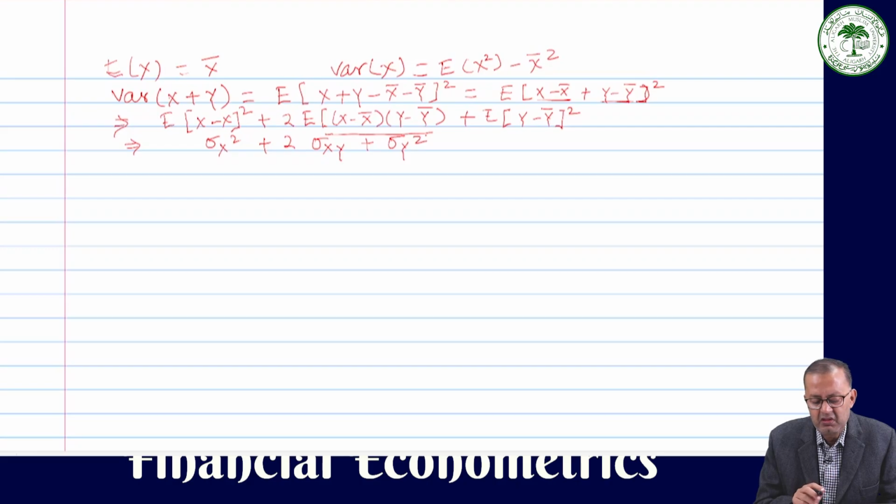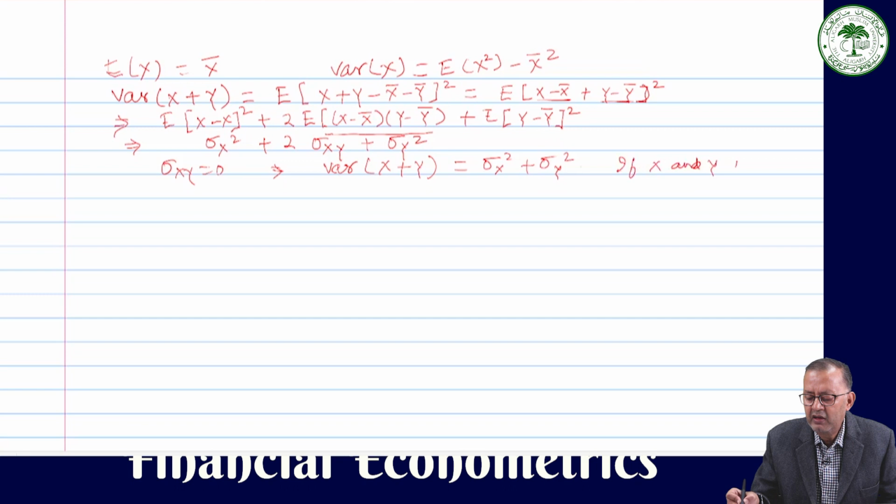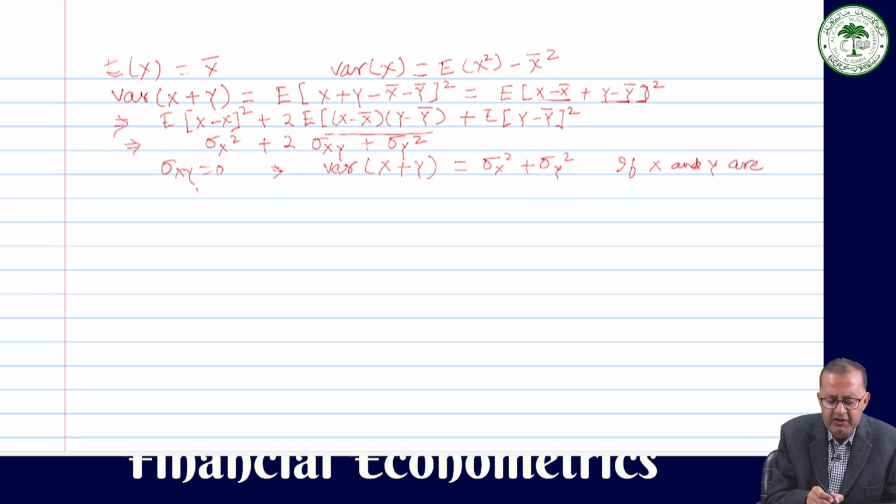If the two assets are completely uncorrelated, the returns on the two assets are completely uncorrelated, then in that situation sigma xy is equal to 0, and in this case the variance of x plus y is equal to sigma x square plus sigma y square if x and y are uncorrelated.